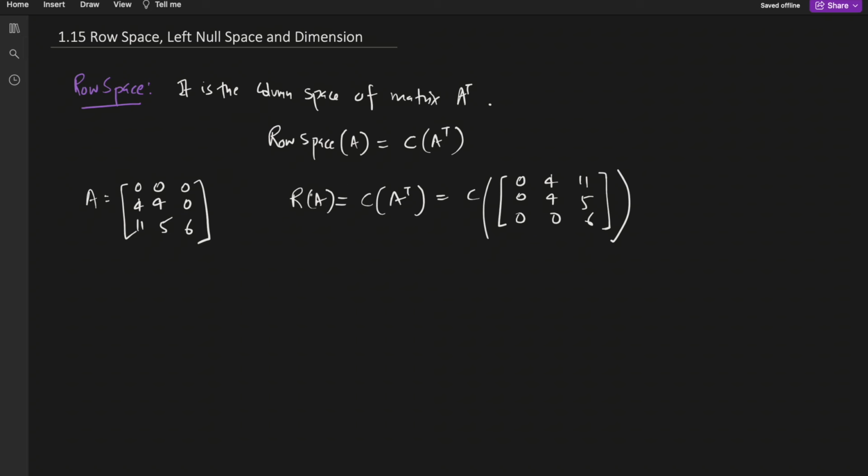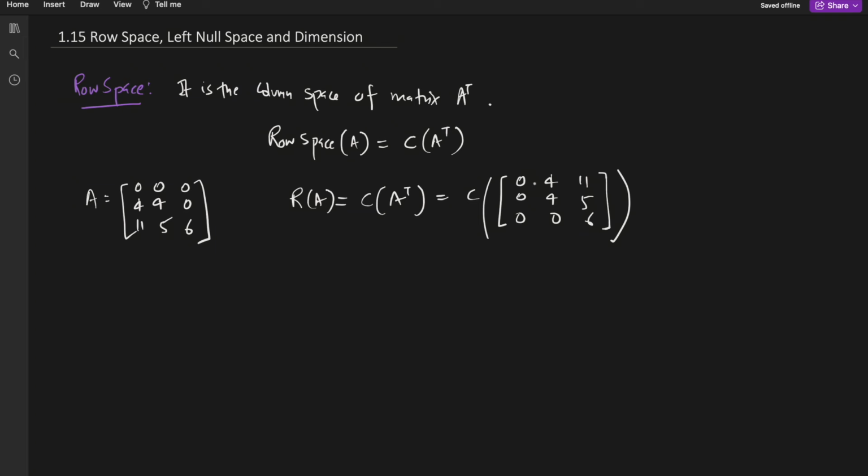You can also think of it as the linear combination or span of the rows. Why? Because the column space of a matrix is nothing but the span of the column vectors, that is, all the linear combinations of the column vectors.